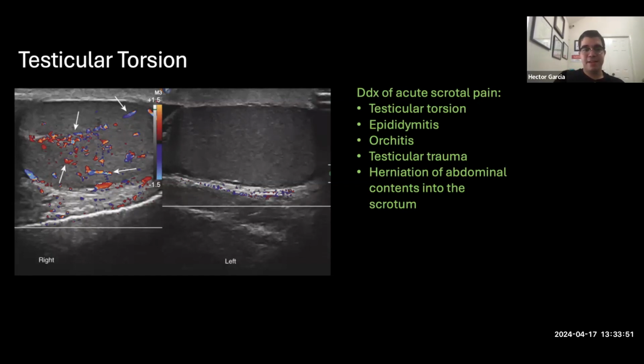Maybe they have some acute scrotal pain. This patient has high-risk sexual behavior, which is more for epididymitis, and this has developed slowly. So you're in between testicular torsion and epididymitis, and they ask you what the next best step in management is. It is to do a scrotal ultrasound.